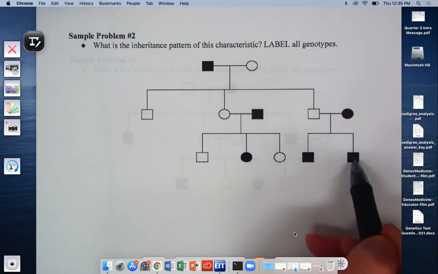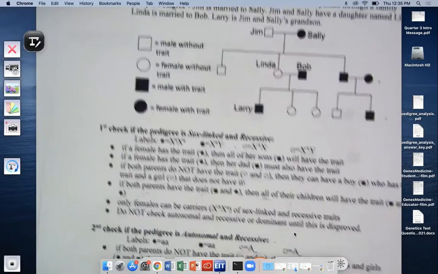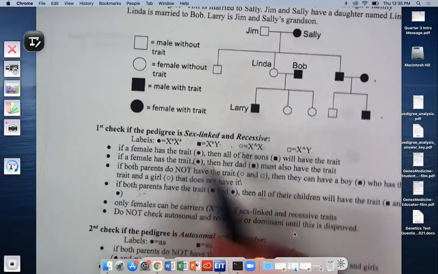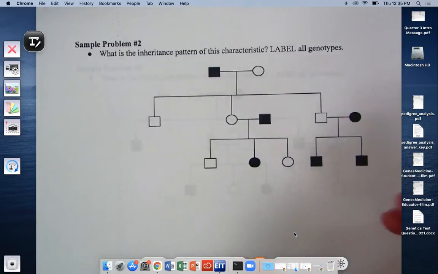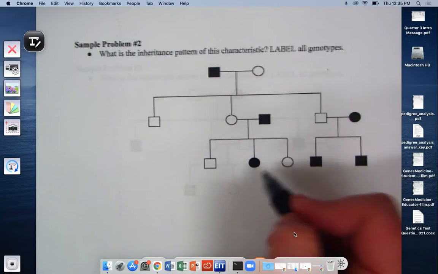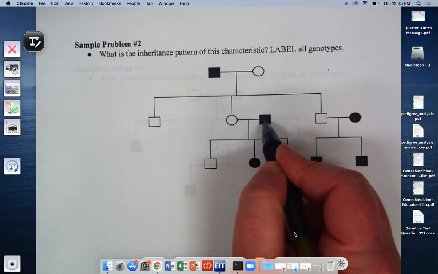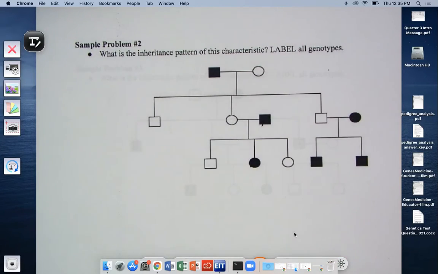Female has it, all her sons have it. Okay, we're good. A female has the trait, then her dad must also have the trait. Female has it, we don't know her dad. Female has it, the dad does have it. Oh, okay. That's a yes, right?